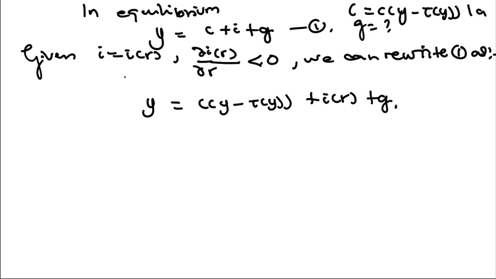Now, I need to add something here. Let me use a different pen, otherwise it is incomplete in terms of explanation. And in 1A, we can rewrite 1 as the following and call it 2.